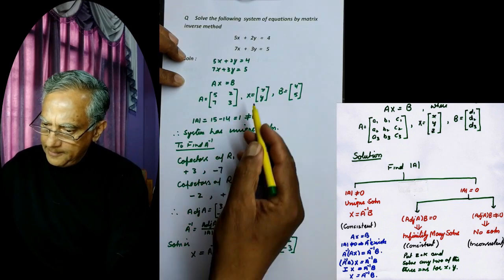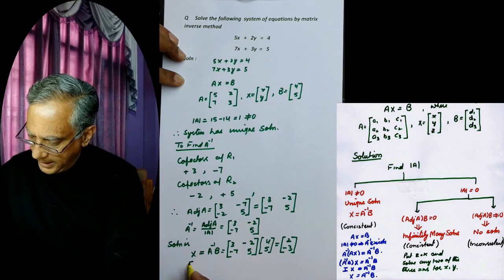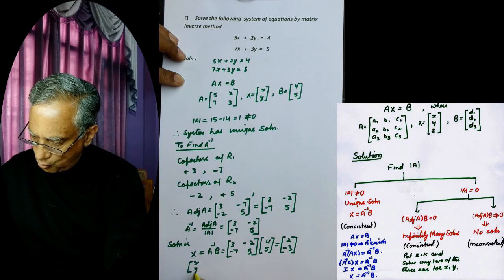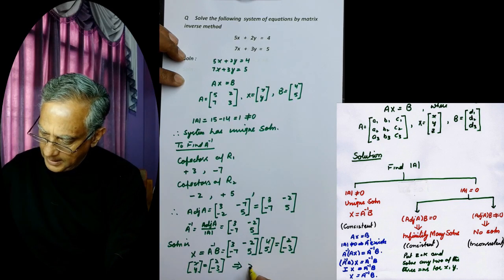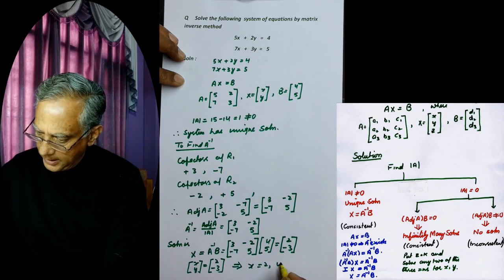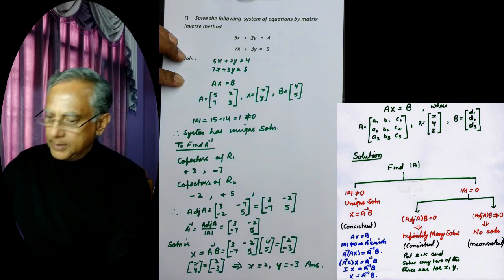And X is XY. Therefore we have XY is equal to 2, minus 3. This implies X is equal to 2 and Y is equal to minus 3, answer.